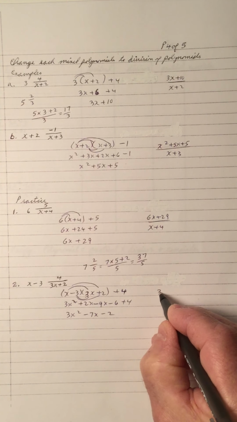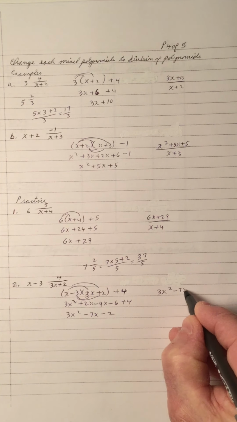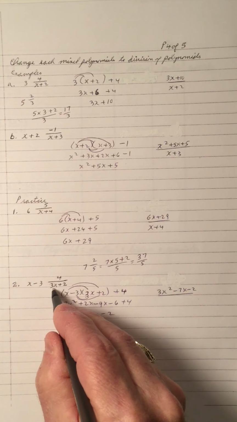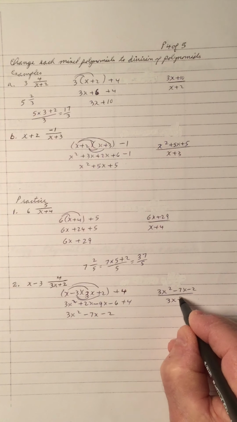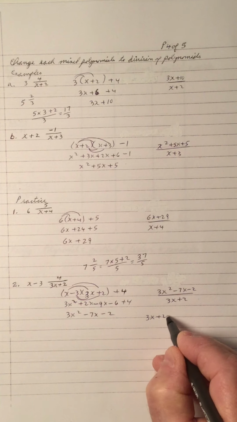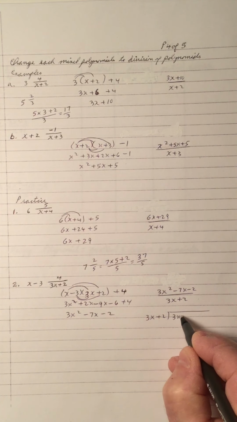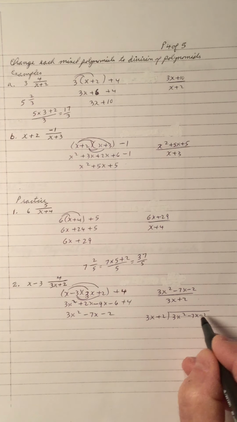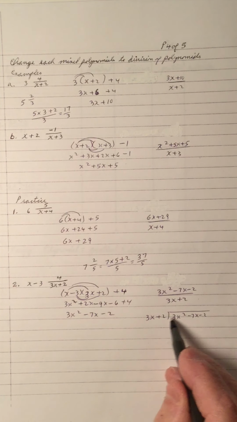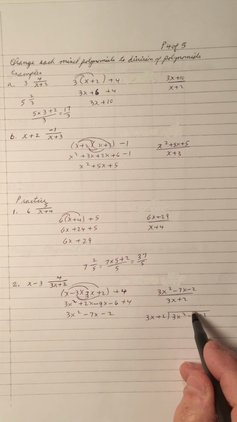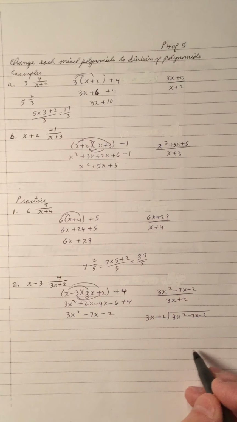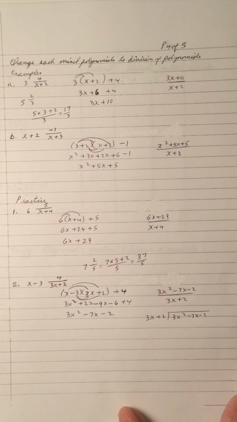So that gives me 3x squared minus 7x minus 2, which is my polynomial being divided by 3x plus 2. And again, if you did 3x plus 2 and divided it into 3x squared minus 7x minus 2, if you rewrote this division like this and divided it out by doing the long division, you would get up right here x minus 3, and down the bottom you would get a 4 if you divided it out.